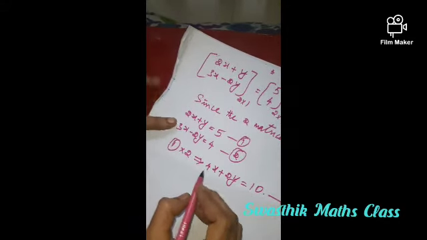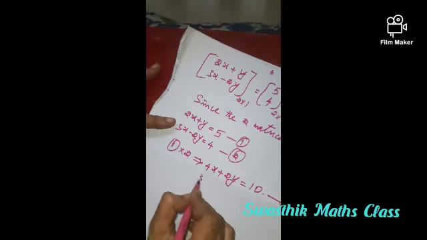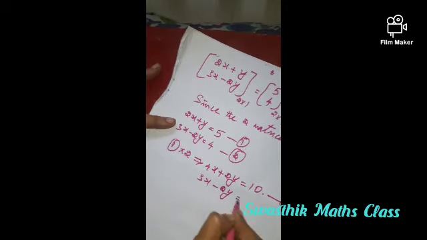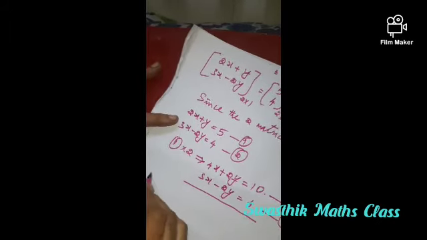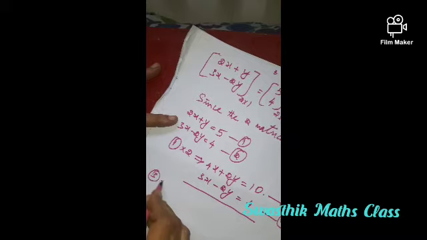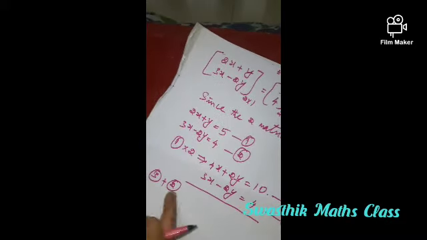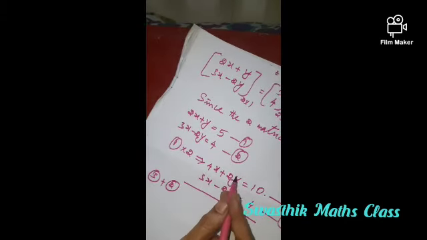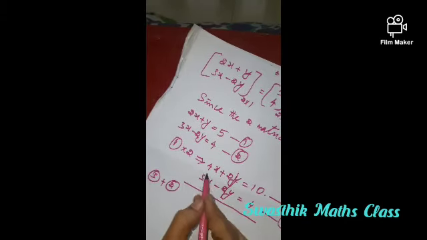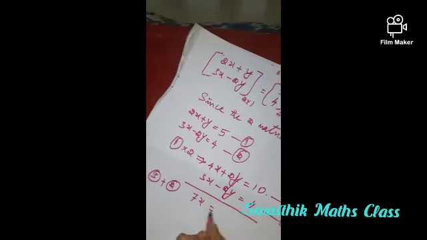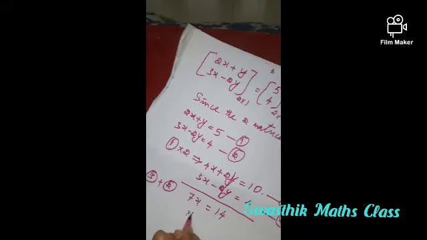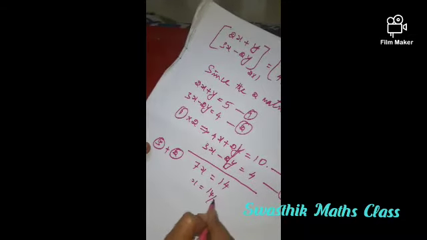Then take the second equation as it is, 3x minus 2y is equal to 4. Now we add equations 2 and 3. If you add these two equations, the y terms get cancelled. And 4x plus 3x becomes 7x is equal to 10 plus 4, 14. Therefore, x becomes 14 by 7, that is, x is equal to 2.